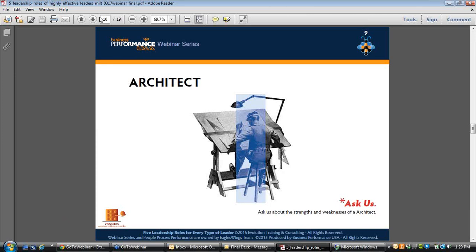So architects are going to do some of the following kinds of things. They're going to standardize and document processes and procedures. They're also going to try to align our systems to our strategies and our vision, so that whatever vision we're trying to accomplish, our day-to-day operations, those day-to-day tasks, actually support that, so that we get that synergy and alignment. They also will challenge practices that aren't consistent with our core philosophy.